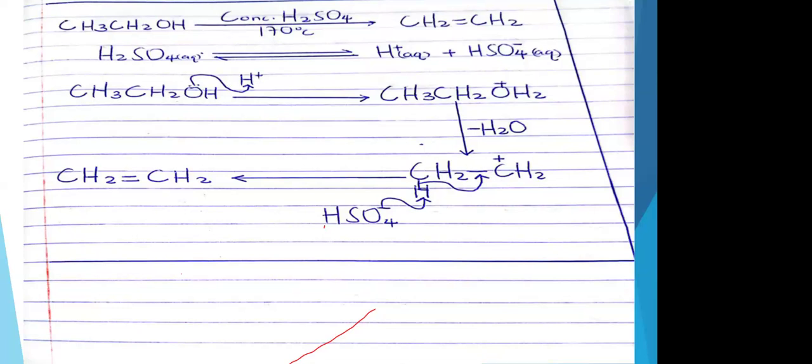Hope it is clear now. The one which attacks is the one which is electron rich, and the one which is electron deficient is attacked. So hydrogen having a positive charge shows us that it is electron deficient, so it is looking for electrons. But oxygen itself has extra electrons, the lone pairs. So it can donate these lone pairs to hydrogen, and the reaction continues.